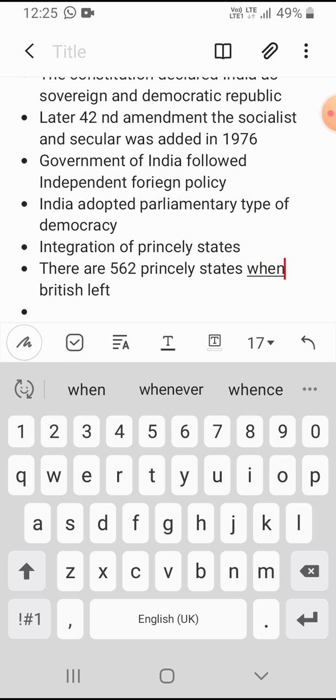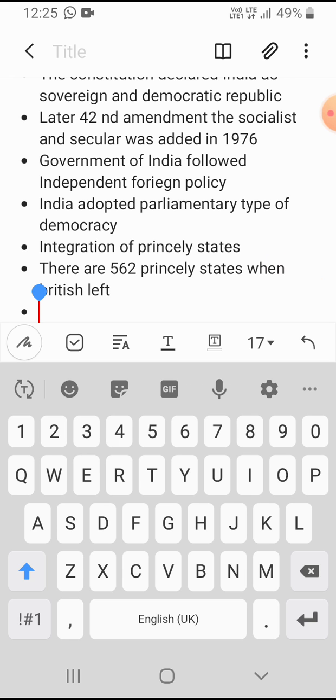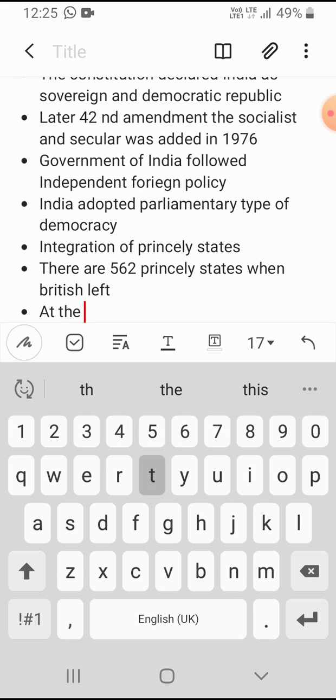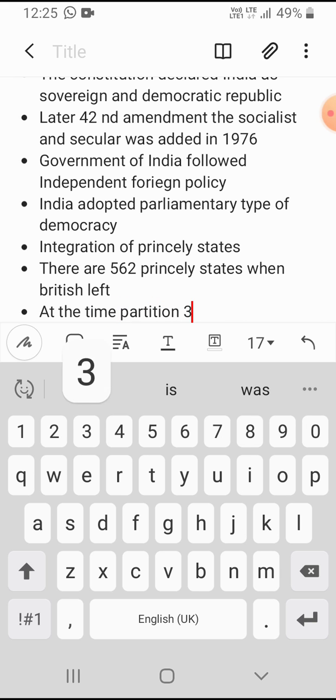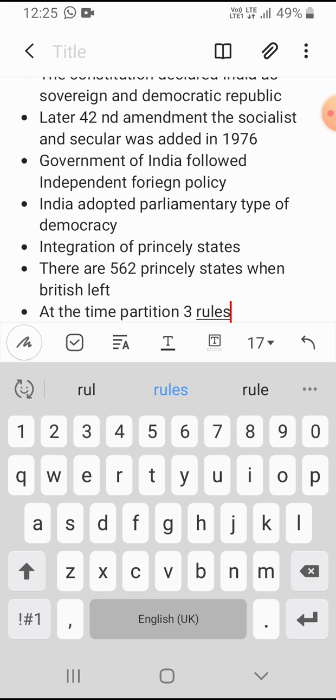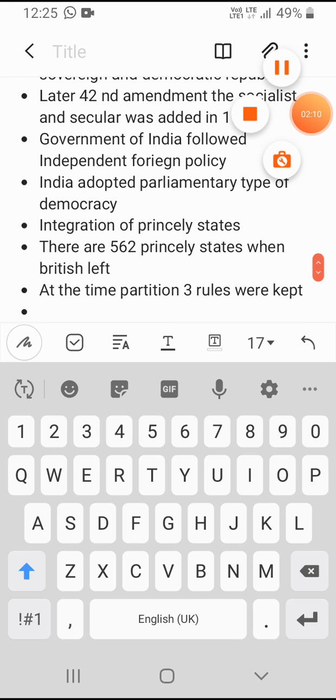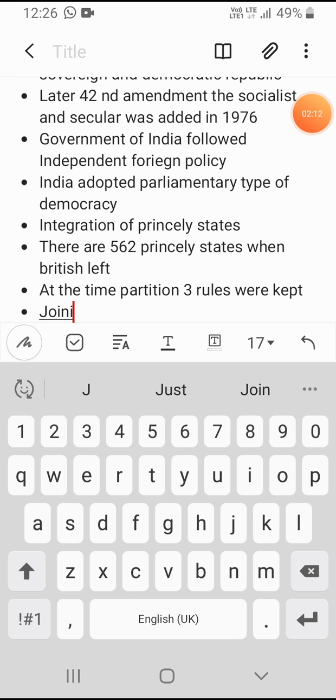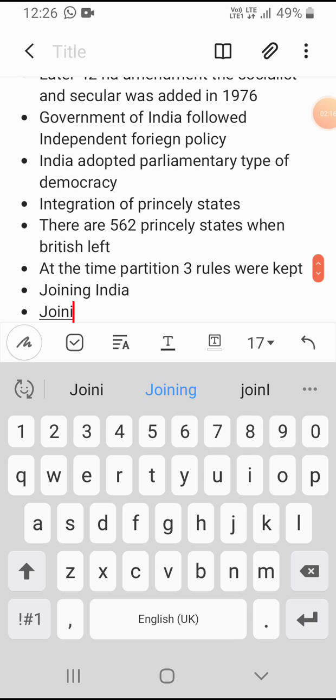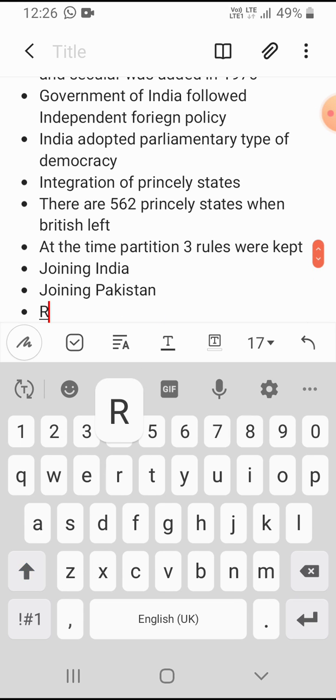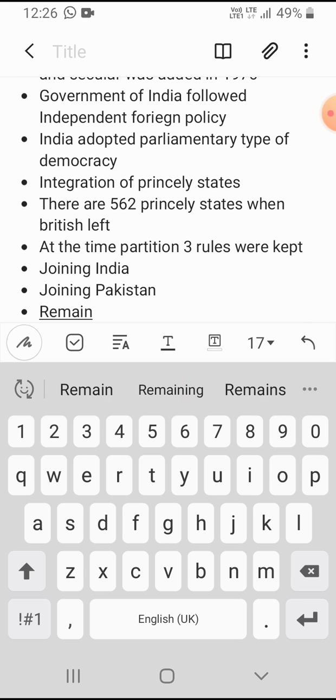At the time of partition, three options were given: joining India, joining Pakistan, or remaining independent.